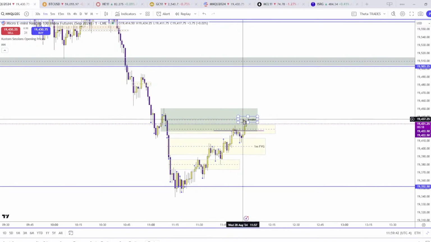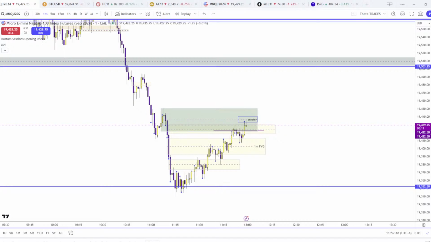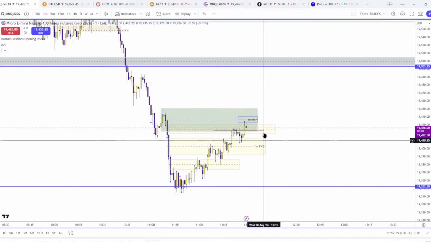So I don't want to see just the consequent encroachment of this get hit and then start reversing down again. I don't want to see that. I really like to see that pop through there.